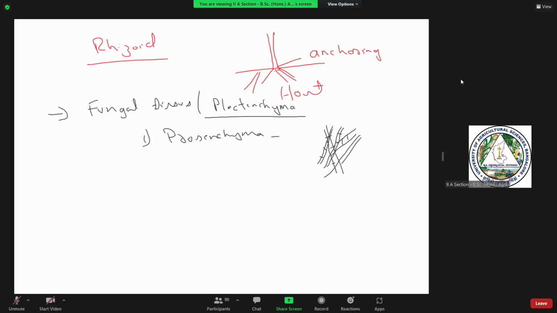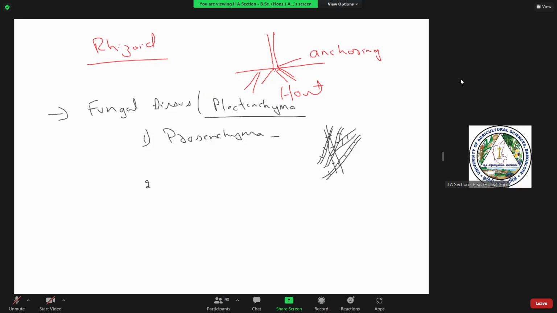Whereas in the other case we were talking about, you are unable to differentiate one hypha from another. But here, in the case of prosenchyma, you can differentiate one hypha from another. Most often they lie parallel to one another, with the cells elongated, and are distinguishable.